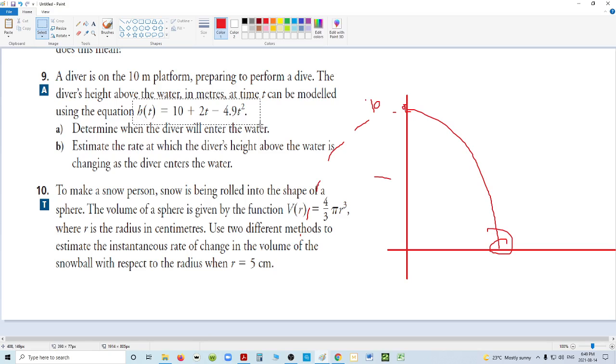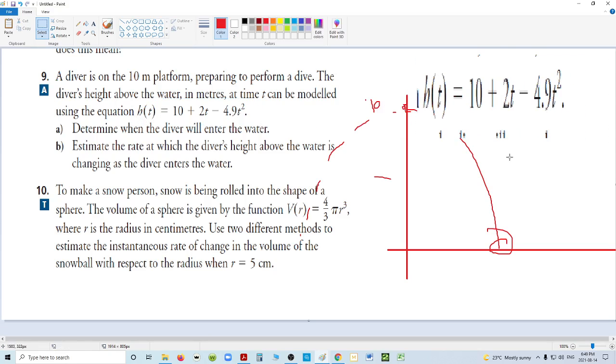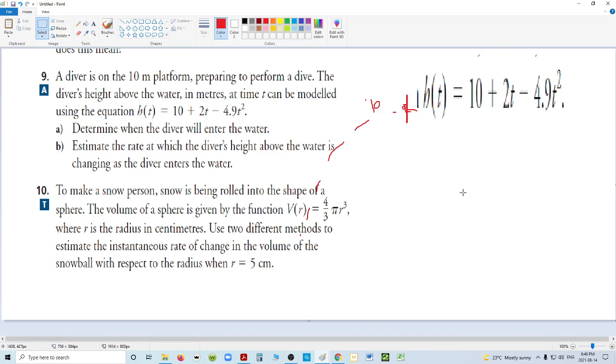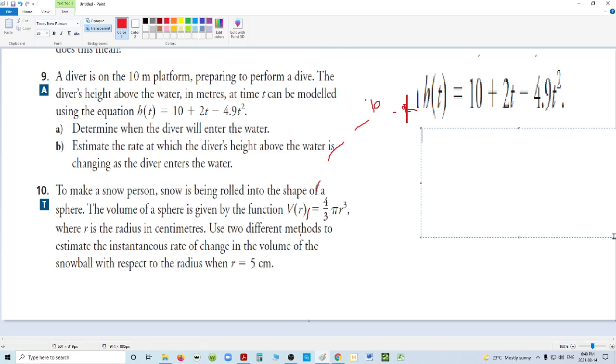We set this equal to 0. Zero is equal to, let's put it in the right order, minus 4.9 t squared plus 2t plus 10, that's the right order.